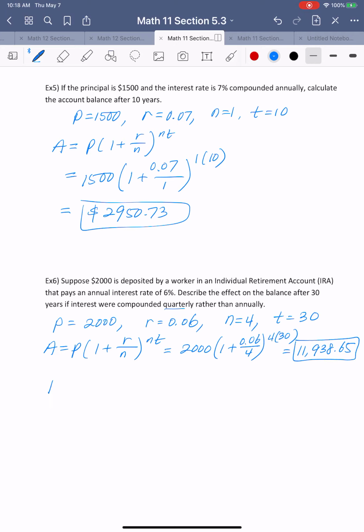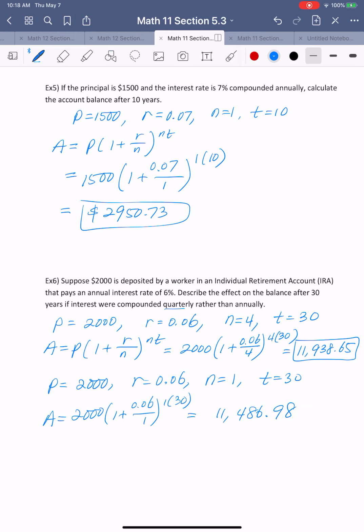But what if everything's the same except the interest period, which is 1, because annually, with T equal to 30. So in order to find it, P is 2000, and 1 plus 0.06 over 1 to the 1 times 30, and then it gives you $11,486.98.